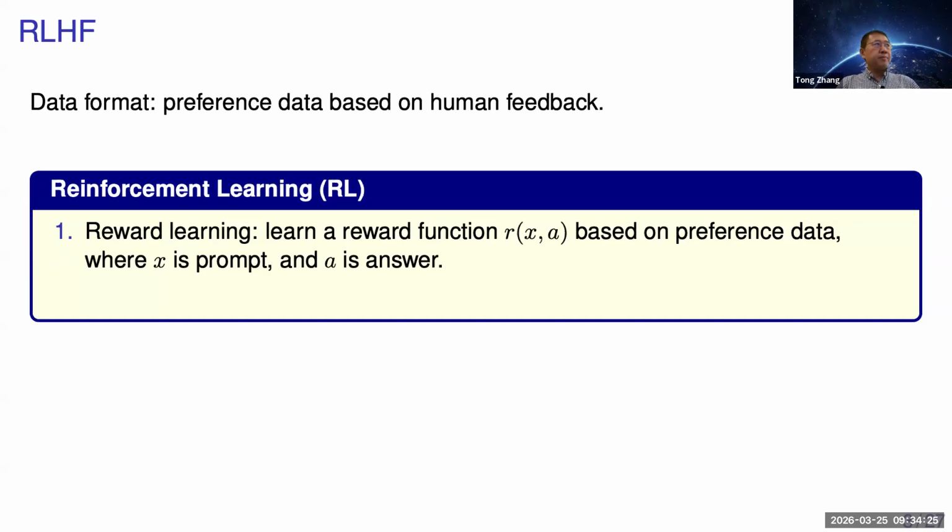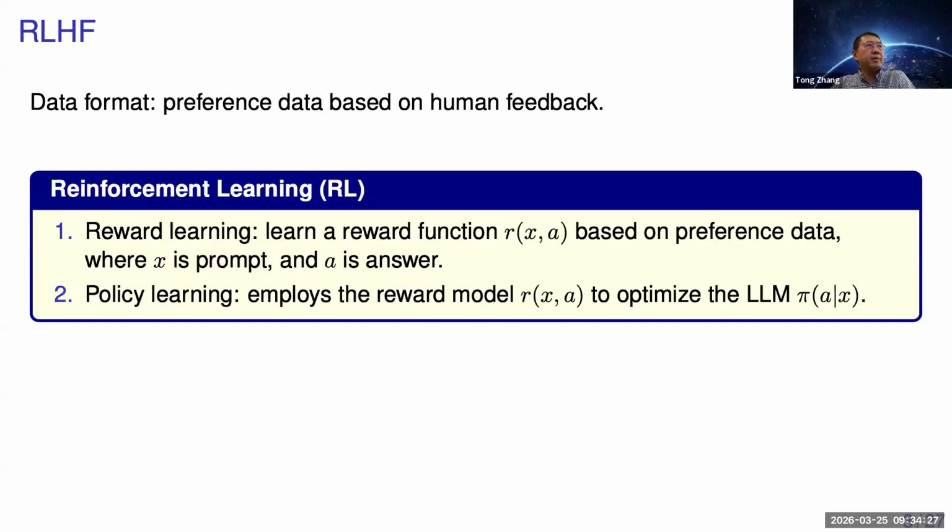The second part is policy learning. Policy learning is what we want to focus on in this lecture. They basically try to use this reward model to optimize your LLM, which is the so-called policy, pi.